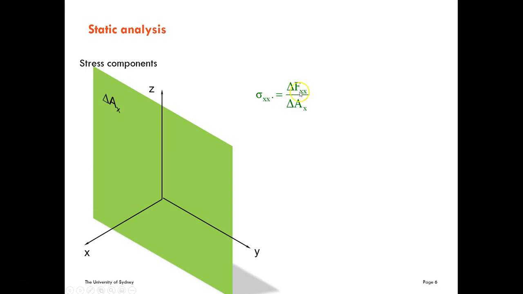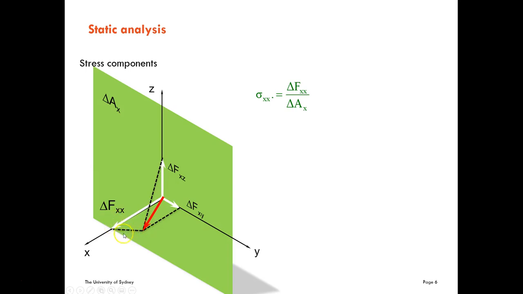That is going to be force xx. What is force xx? In this area, I'm going to have an internal reaction force that in general is going to be a vector in any direction. Then I project this vector onto the x, y, and z directions. These are perpendicular projections.